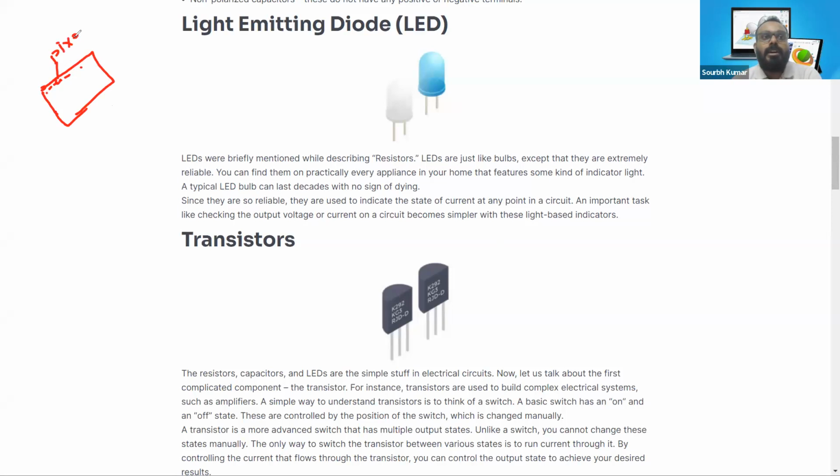And pixels are operated by LEDs mounted on the surface, and this type of LED we call SMD form or surface mounted diodes, and they combine to form each and every pixel in our LCD.